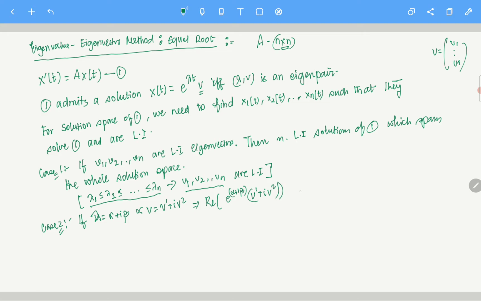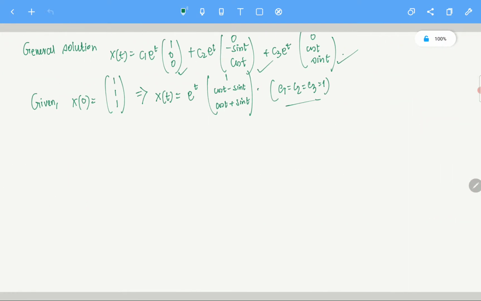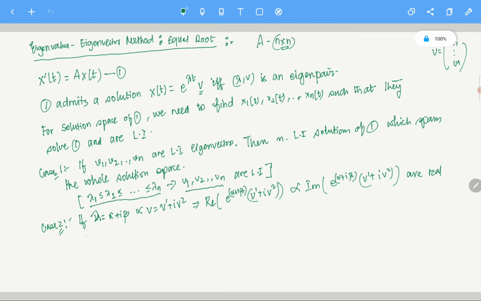So they are real solutions. And of course you can get linearly independent solutions like that, and once you get them, you can write them down to span the whole space. So this is also an easy case. So these two are easy cases.